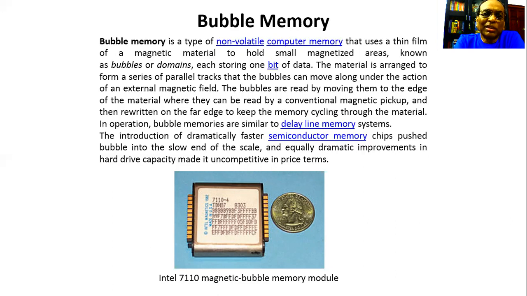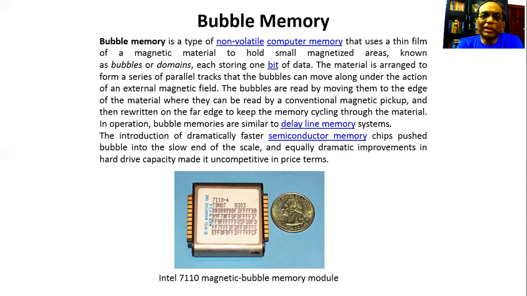These are known as bubbles or domains. Each one has a very strong physics foundation. It can store 1 bit of data.